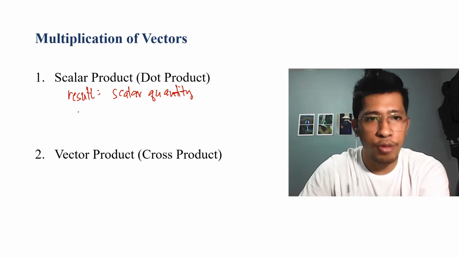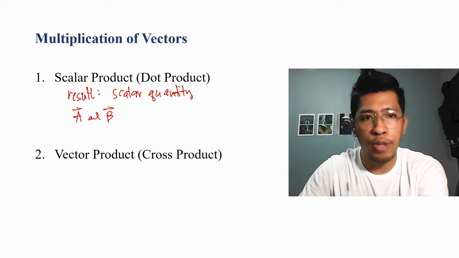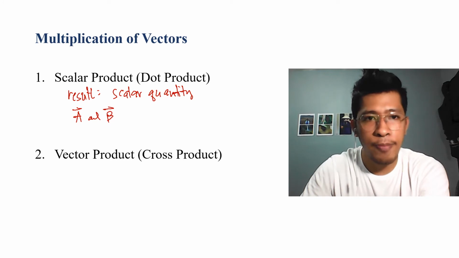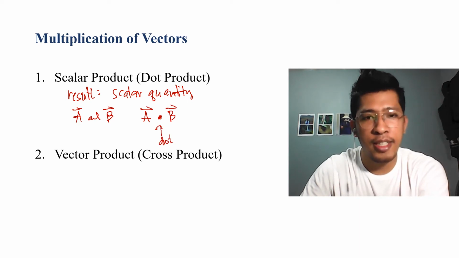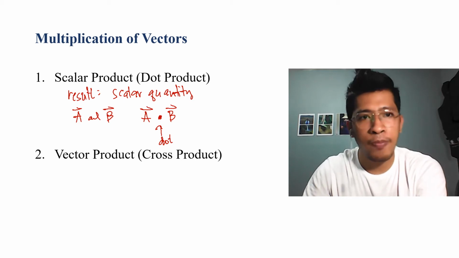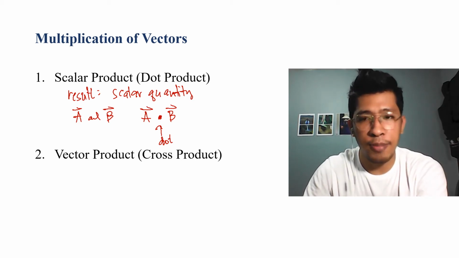Say, for example, you have two vectors A and B, and you want to get the scalar product or the dot product of these two vectors. You're going to write this as A dot B. So this one here is a dot. That is why your scalar product is also called a dot product, because of the symbol, the dot.